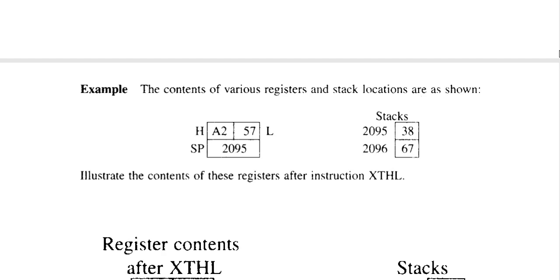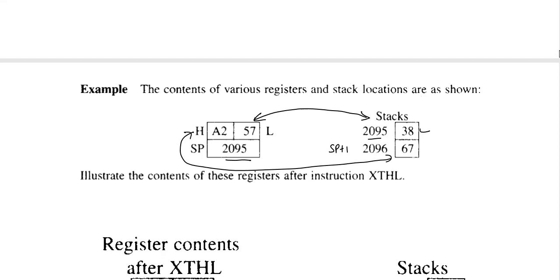For example, if the stack pointer has the value 2095, it is pointing to this location, and this location has the value 38. This 38 will be exchanged with the L register, and after that the stack pointer will be incremented by 1. The address will be 2096, and the content of that location will be exchanged with the H register.